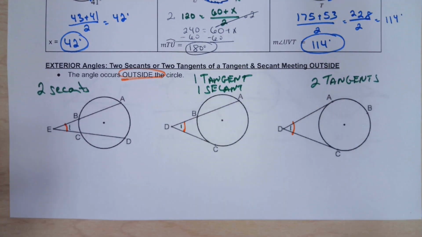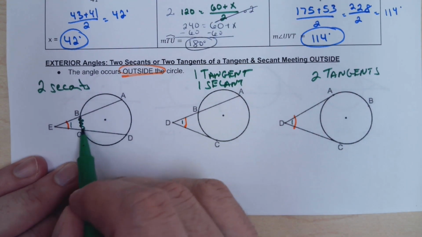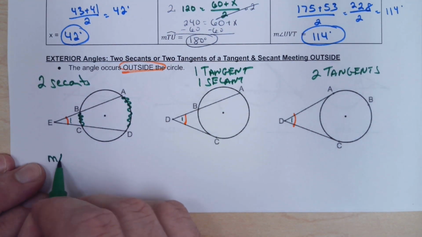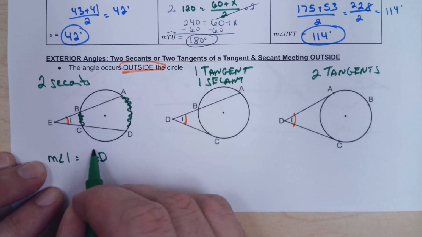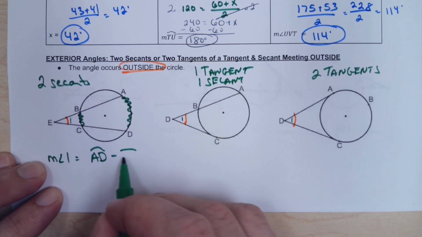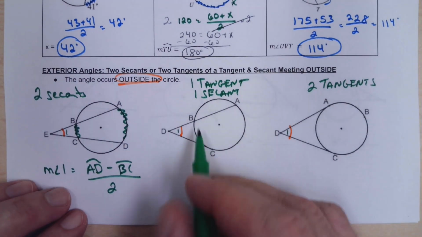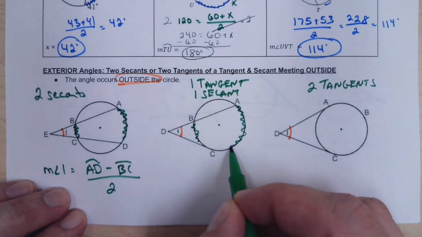Alright, the good thing is they all work the same way. We're going to use this angle, so it uses this arc and this arc. The measure of angle 1 is equal to the big arc, which is AD, minus arc BC, over 2. Notice that this one is subtract. Up here we were adding, but we're subtracting here. It will be the same here: here's our small arc, here's our bigger arc.